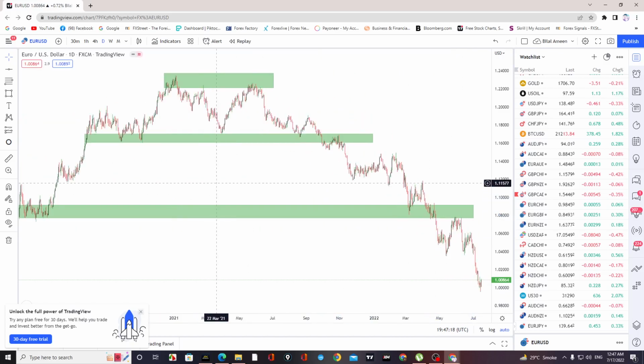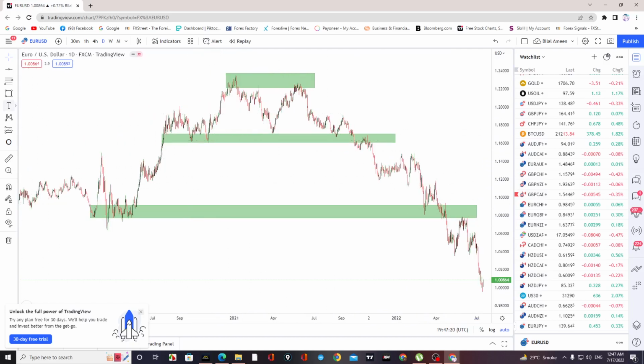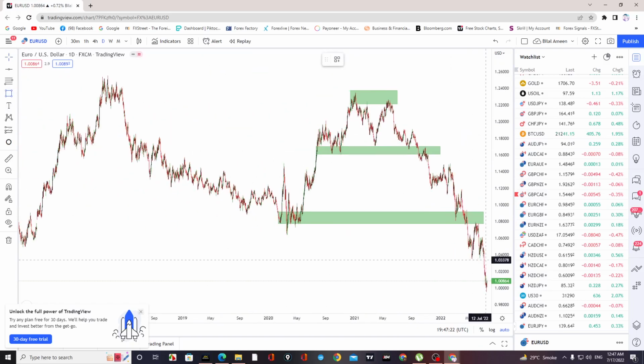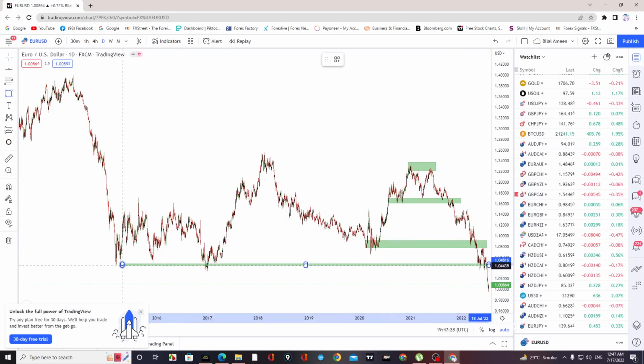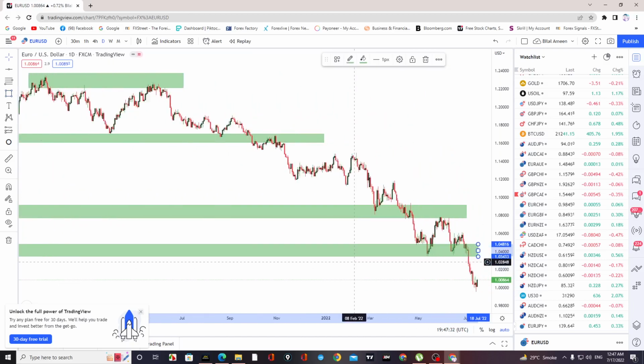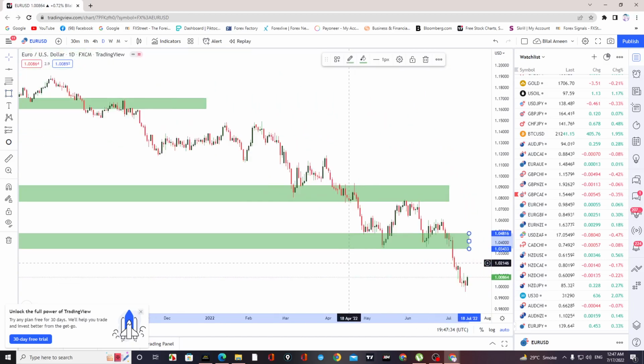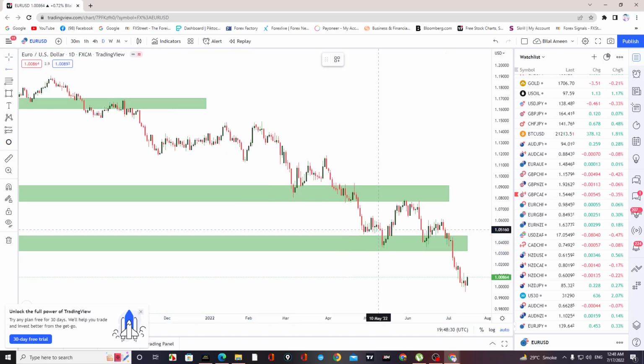Now we will learn how to take trade through demand and supply zones. Here is also a demand zone at this point. When market gives closing above the demand zone, then we will search for a buy opportunity in the market.